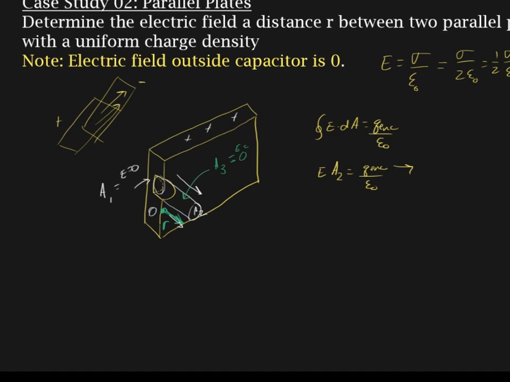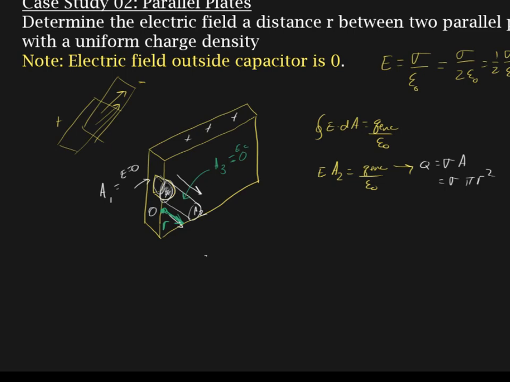And to get Q enclosed, we're going to use Q is equal to sigma times the area, or sigma times pi r squared. Now that area that we're referring to for sigma, that's going to be this area right here.